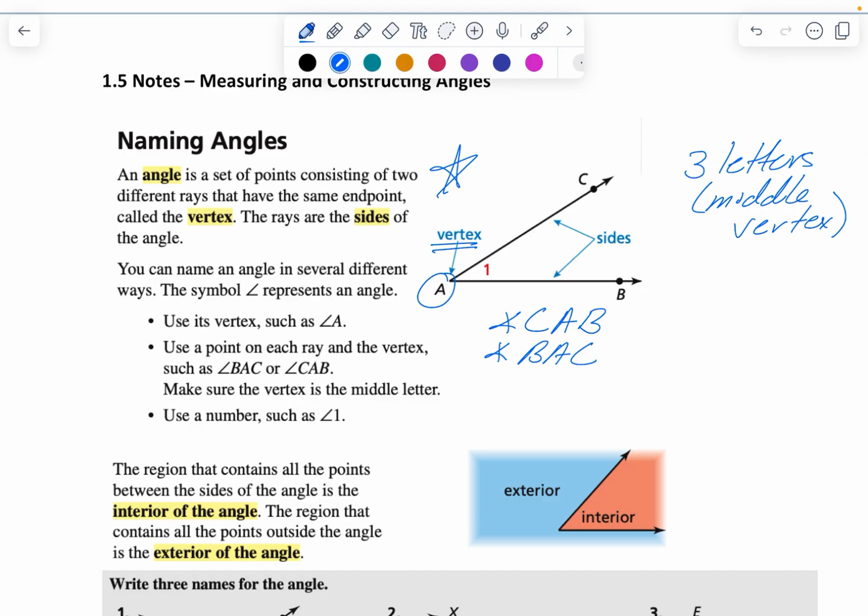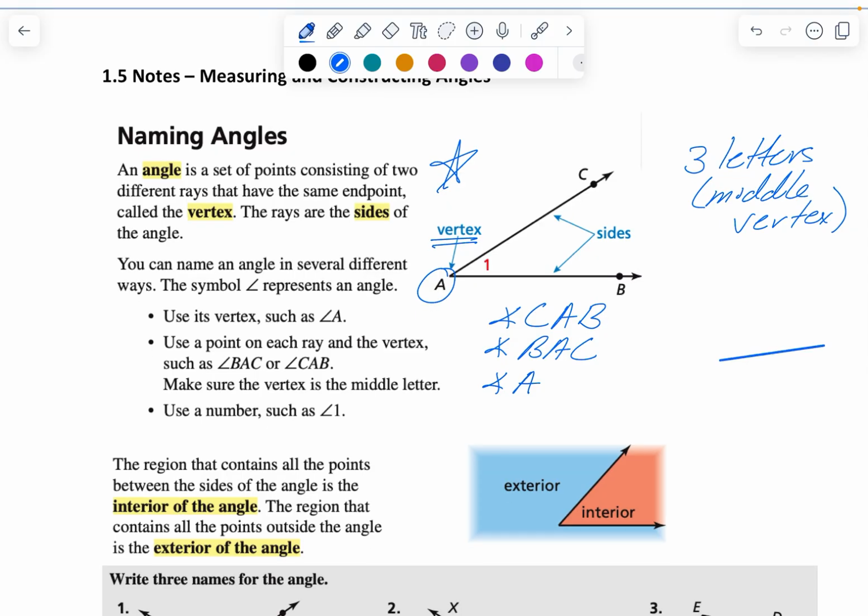Now, if there's no other angle it could be, like in this case, we could say angle A, because there's only one angle there. But if you have a situation where maybe your angle looks like this, and you want to talk about just this angle right here, you couldn't just say angle A because we wouldn't know which one you're talking about.